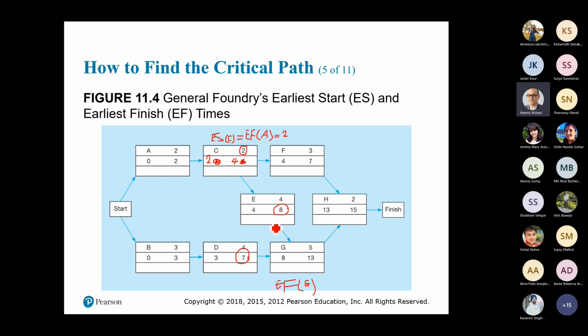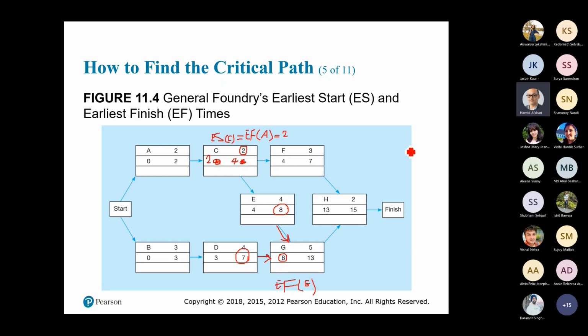Both of them have an arrow going to activity G. So what is the largest number between 8 and 7? 8. So you will write 8 here. And the rest of it is easy. 8 plus 5 will be 13. Okay? So this is the way that you calculate earliest start and earliest finish.